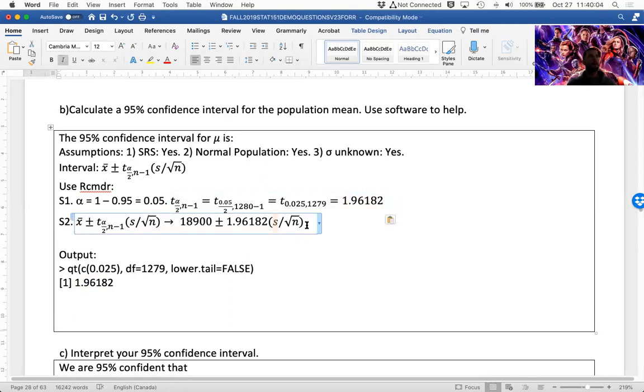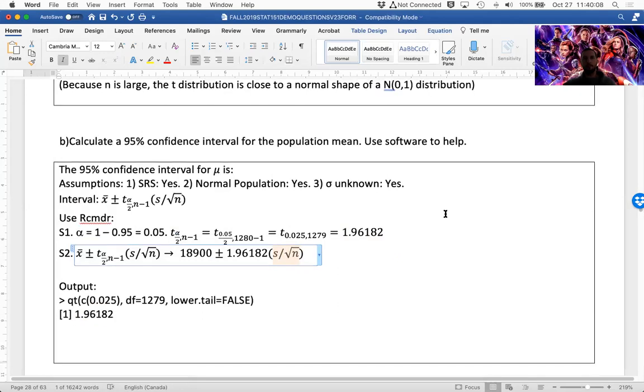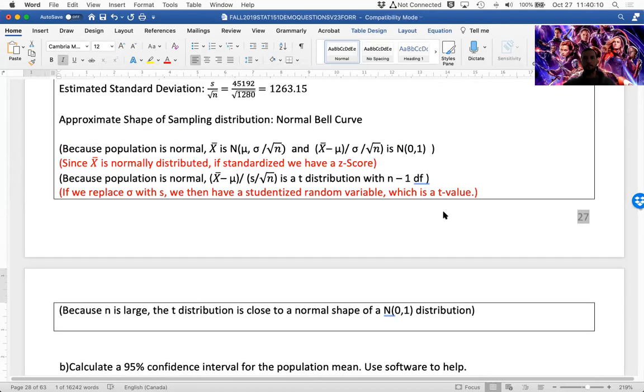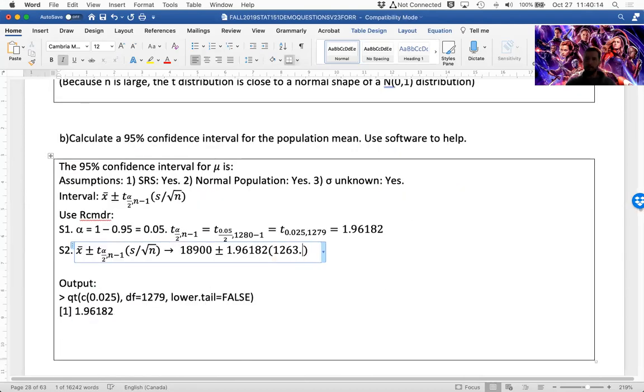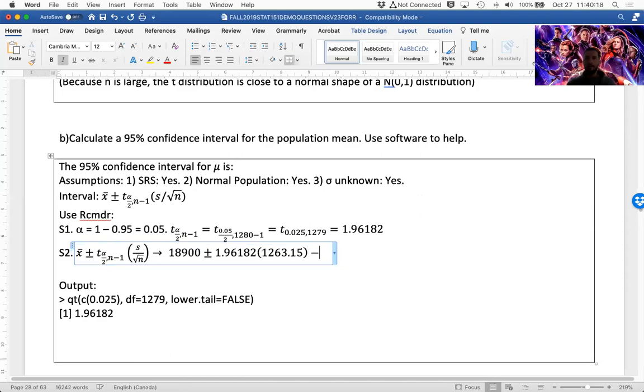Then we're gonna have little s over square root of n, which we calculated in part A. So that's the 1263.15. Okay. And now we're going to be in the same process that we had before. So we're going to have 18,900. And then we're going to go plus or minus.